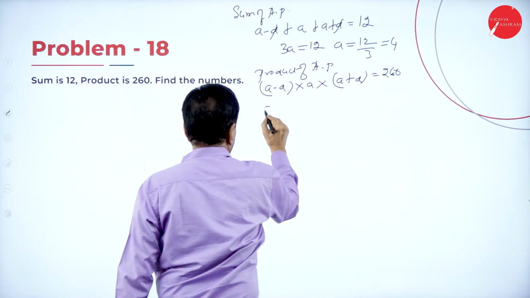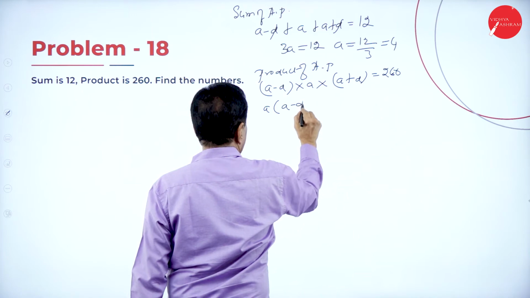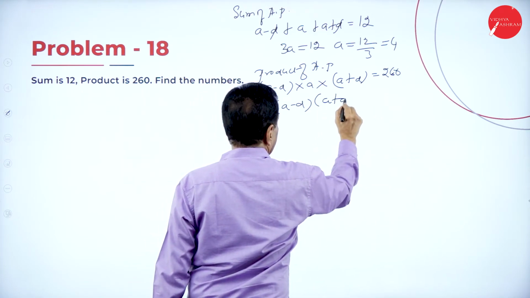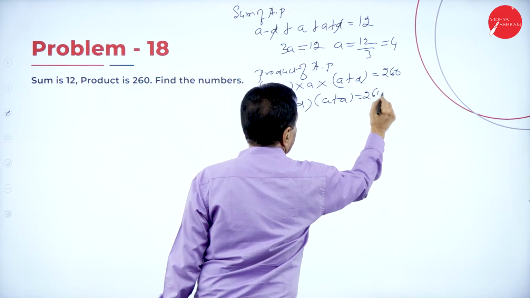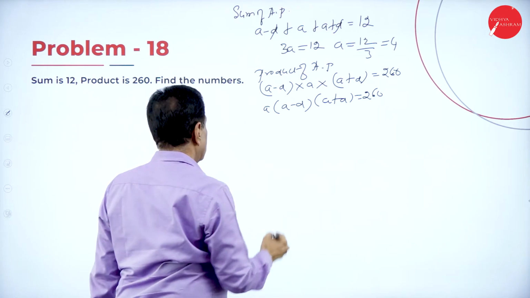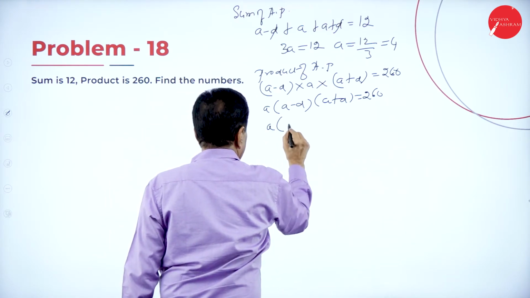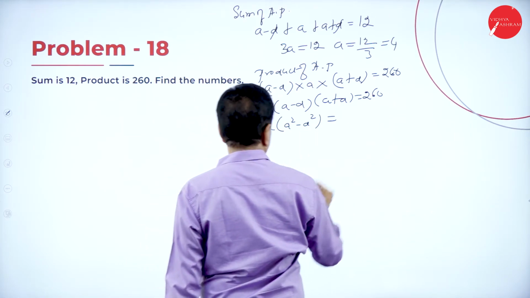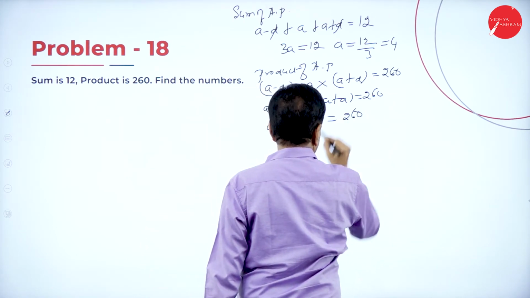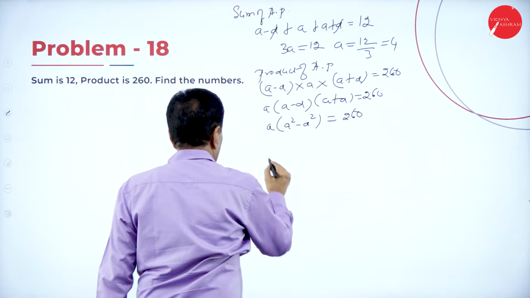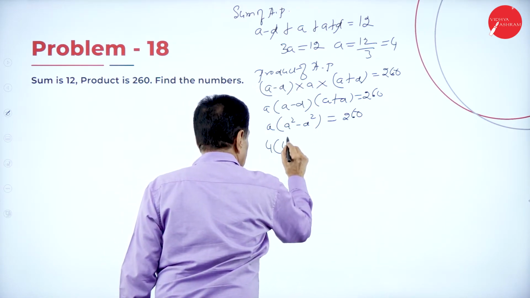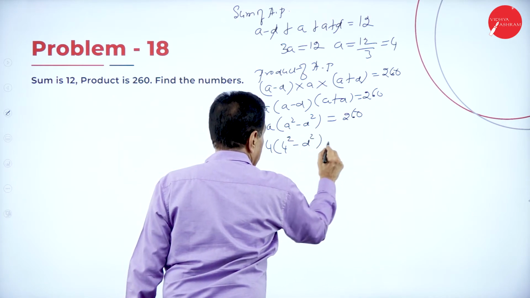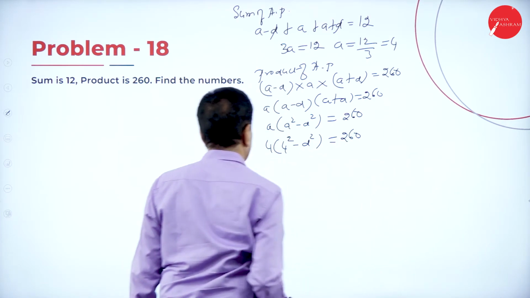This A minus D into A plus D is 260. So this is A square minus D square is 260. What is A? 4. 4 square minus D square is 260.